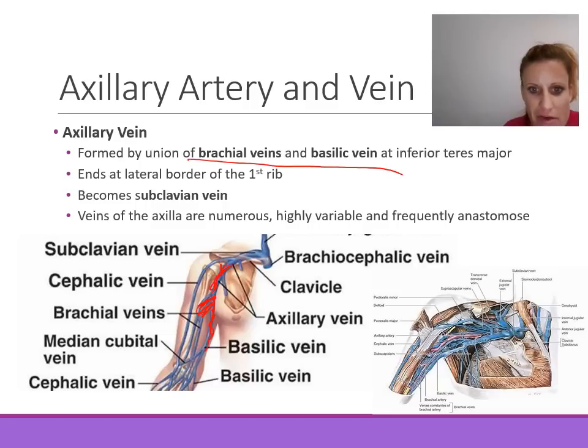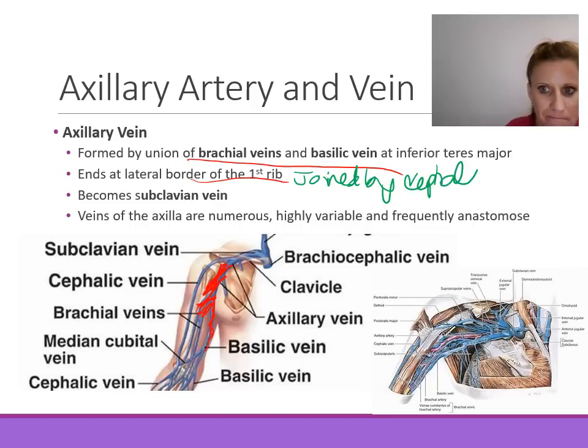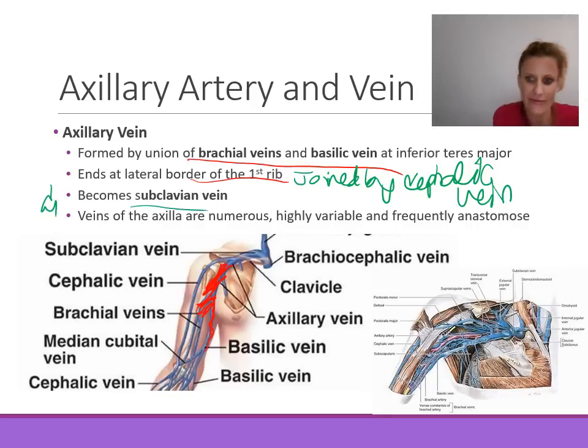The axillary vein continues, and at the lateral border of the first rib, right, same as where the axillary artery ended or bounded, it's joined by the cephalic vein, and they become the subclavian vein.